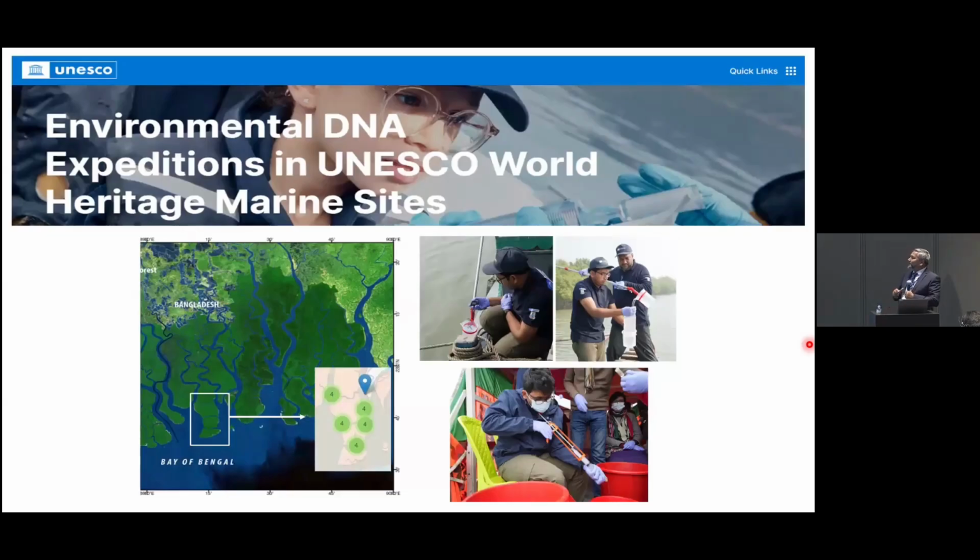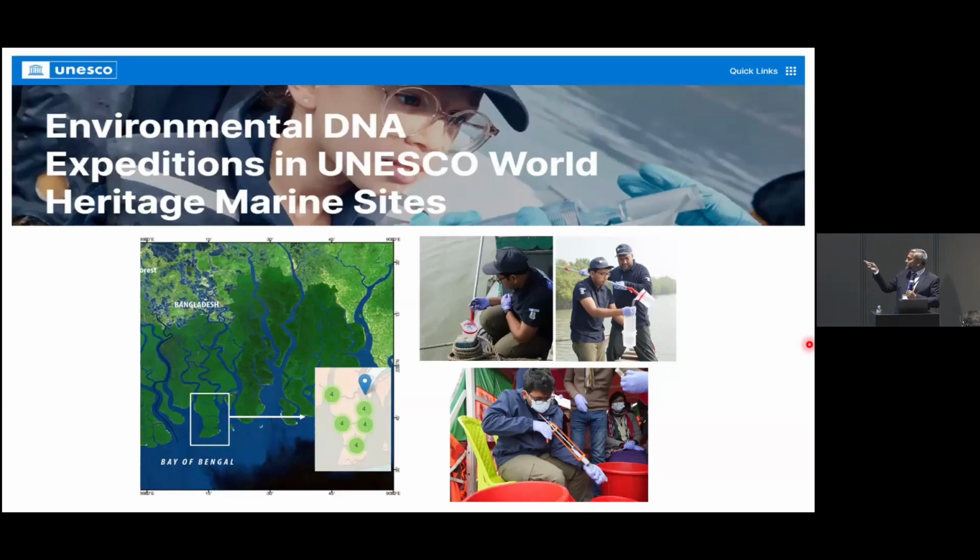Later on, I also worked with the UNESCO environmental DNA expedition in the first phase. I led that work in Sundarbans. UNESCO has taken eDNA expeditions around the world, basically in the World Marine Heritage Sites, and Sundarbans is one of them.